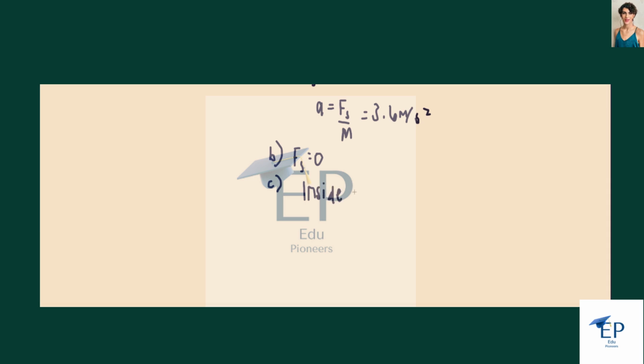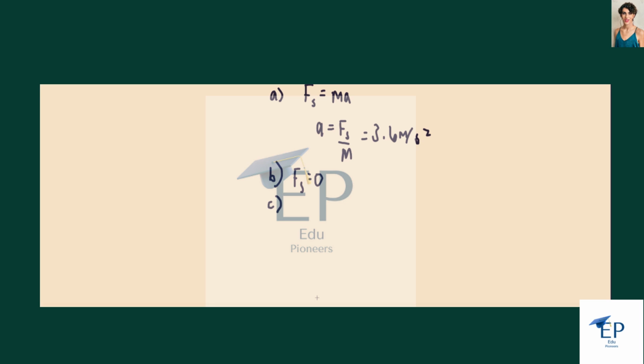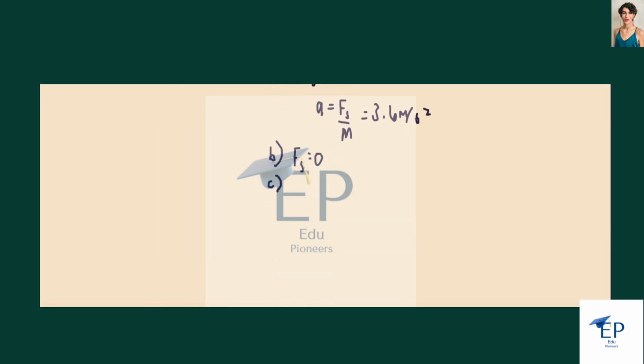But I'm going to assume that it's accelerating. And if it's accelerating, then if you're inside the car, you'll see an additional fictitious force that would explain why the spring is moving.